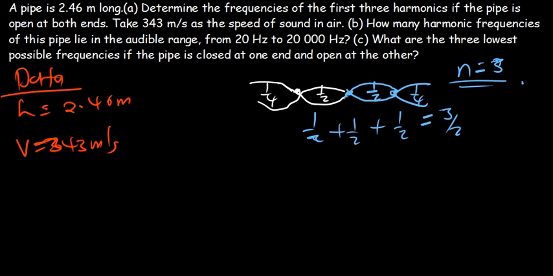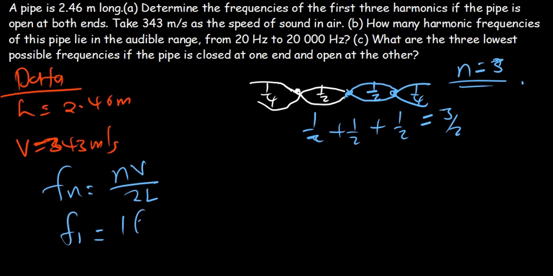So when n is equal to 3, we want to find the fundamental frequency. Remember we said the fundamental frequency is given by nv divided by 2L. So we want to find the first 3. So n is equal to 1, the velocity is 343, the length is 2.46.